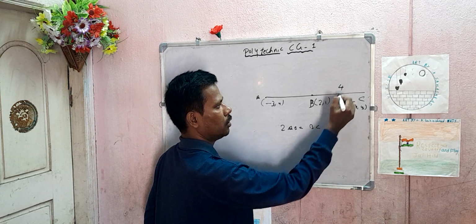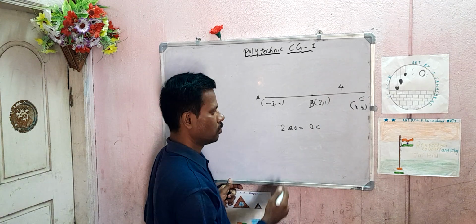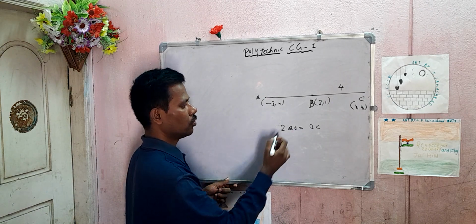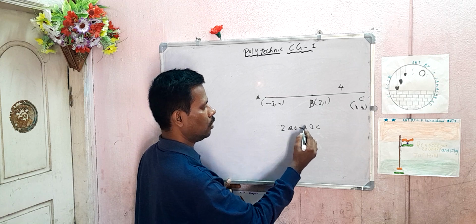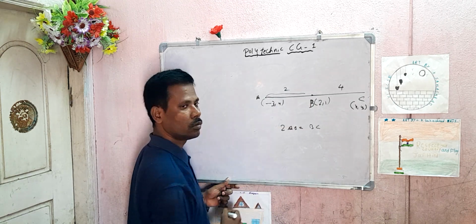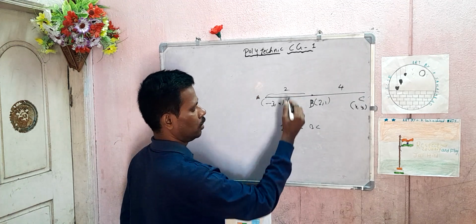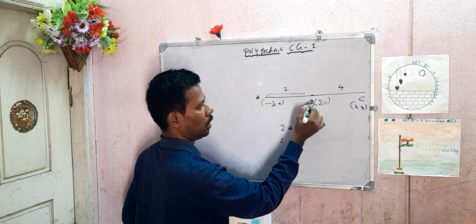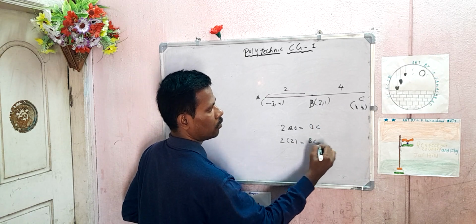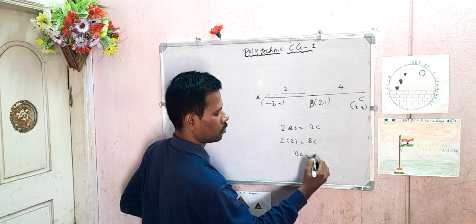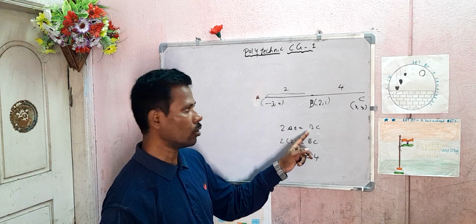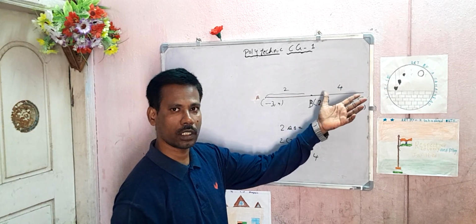Suppose BC length is 4. Then AB length will be 2, because 2 times AB is equal to BC. Just take this example.